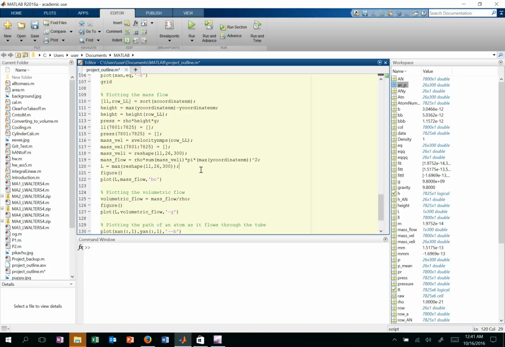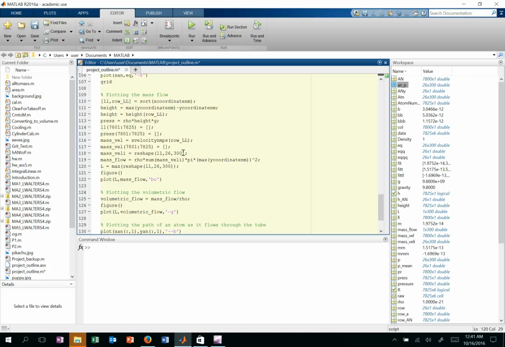And with that, we basically took the sum of the velocities, because we had our mass velocity in a 26 by 300 corresponding to s coordinates.